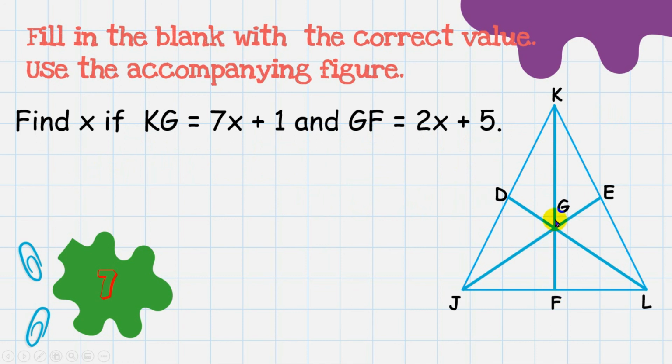So, what are we going to do? Okay, so we're going to create an equation based from the given. So, we have 7x plus 1 is equals to 2 times 2x plus 5. So, we have to multiply GF by 2 para maging equal sila. Di po ba? Instead na mag-divide tayo by 2 dito sa isa, mas maganda kung mag-multiply na lang tayo ng 2 dun sa mas maikli para maging equal sila.